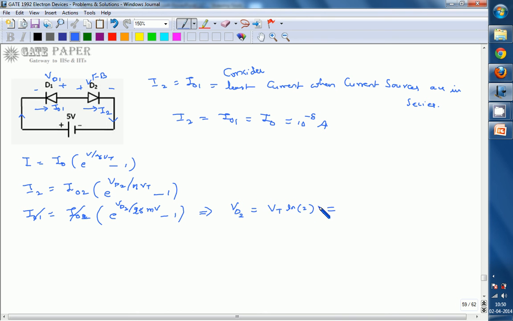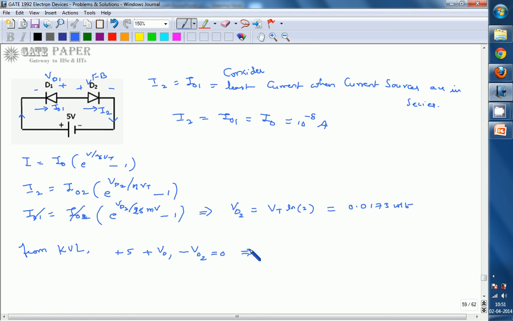If you simplify, Vt is 25 millivolts, so the value is going to be 0.0173 volts. Vd2, the voltage across diode D2, is 0.0173, and Vd1 can be calculated using KVL, Kirchhoff's voltage law, through the loop: plus 5 plus Vd1 minus Vd2 is equal to 0.